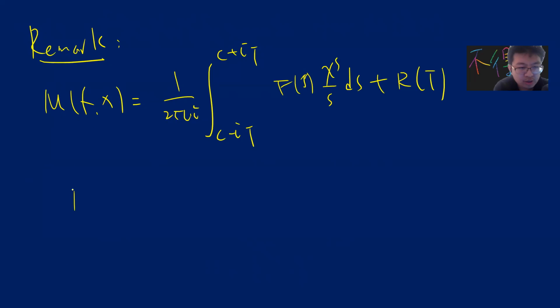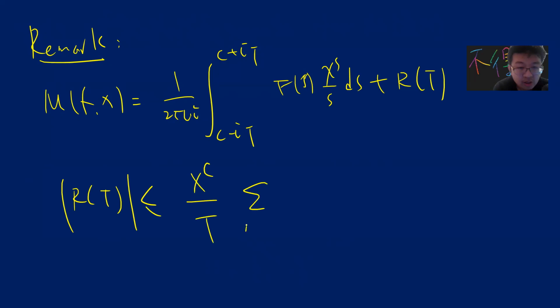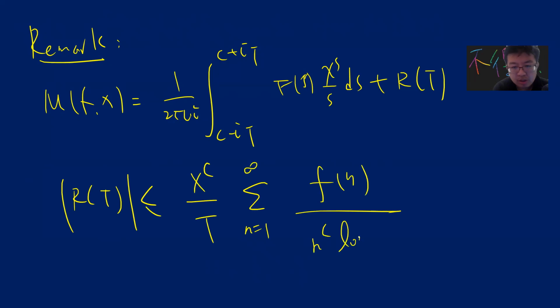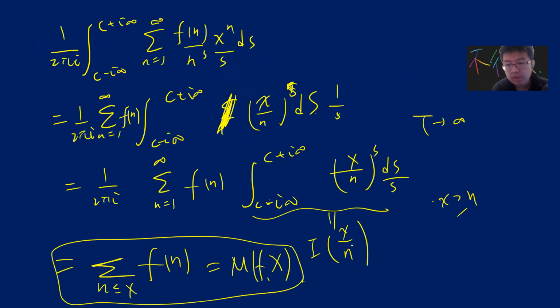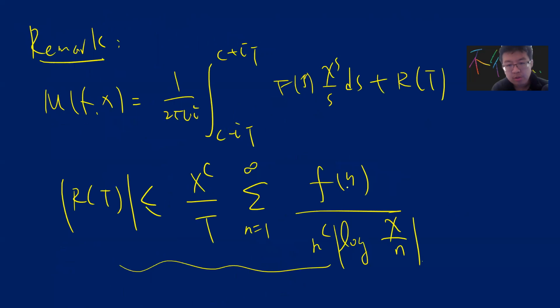So it's easy to see that this error term is bounded, using our previous results, by x^c divided by T, times the sum from n equals 1 to infinity of f of n over n^c log(x divided by n). Okay, so the proof of this error term just uses our previous results about the error term of I of x divided by n, and then takes the sum from n equals 1 to infinity of f of n, so you get something here. And this error term will show up in the prime number theorem in the future when we talk about the zeta function.